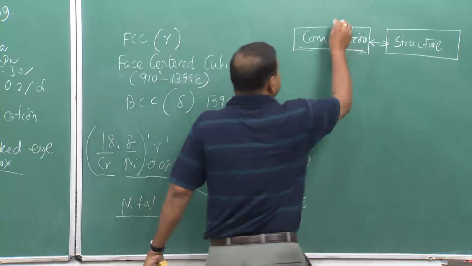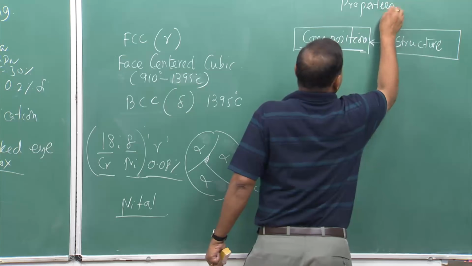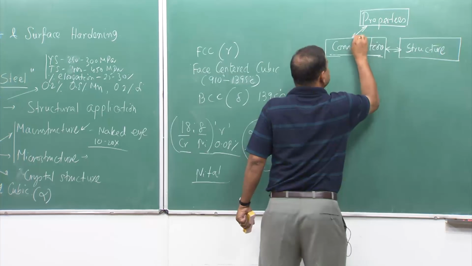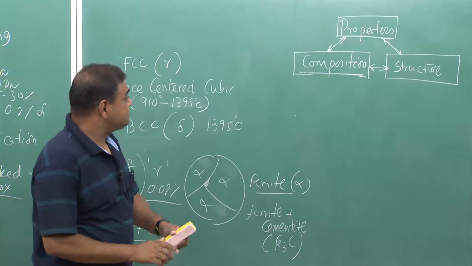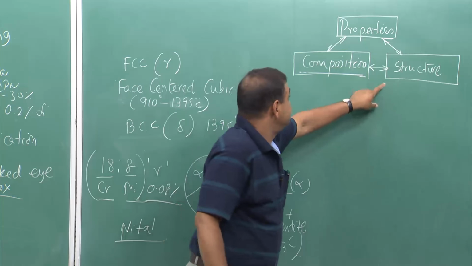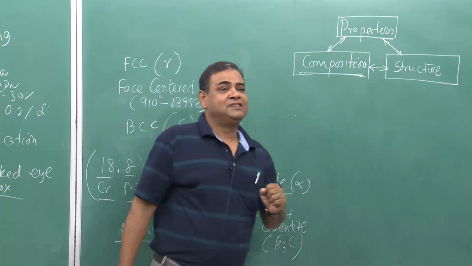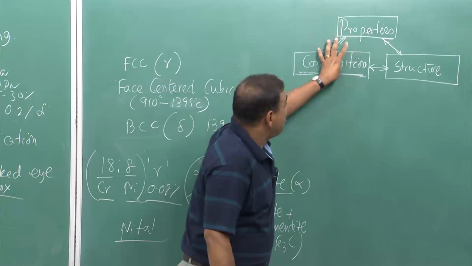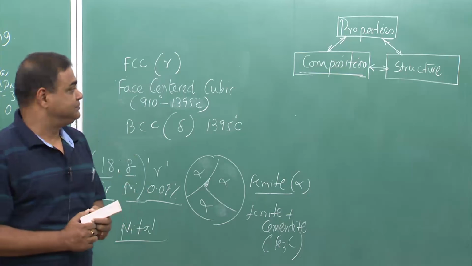So, if we see properties, you see this is interrelated, this is interrelated. Interestingly, we are seeing that composition and structure are interrelated, composition and properties are interrelated, and structure and properties are also interrelated. So, all three are absolutely bonded together.